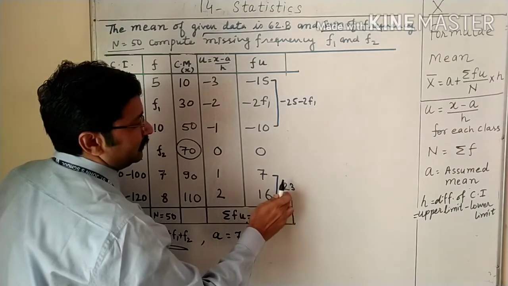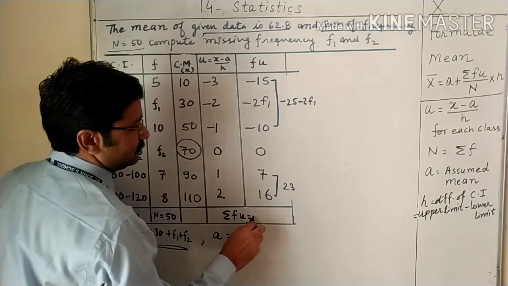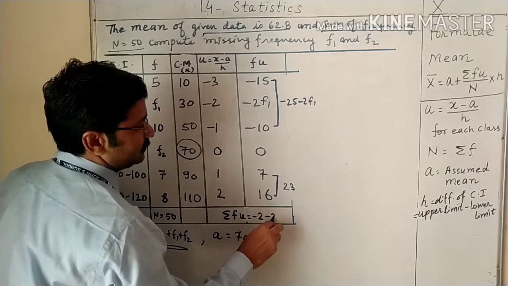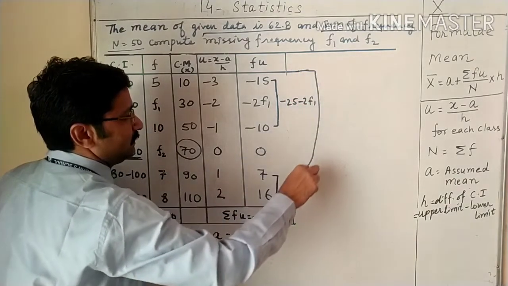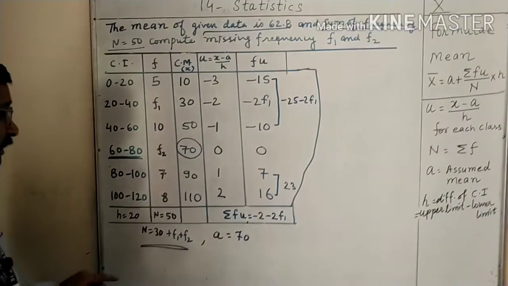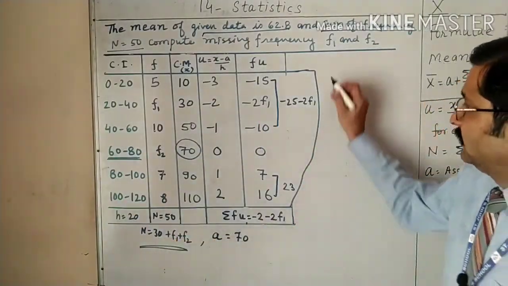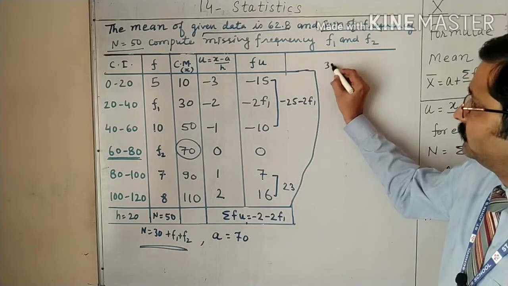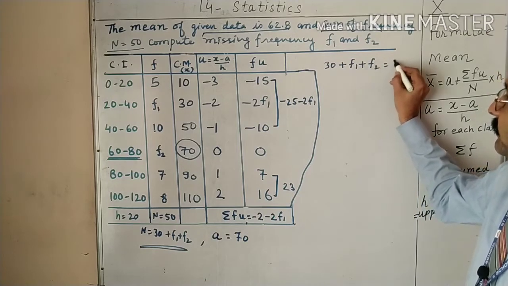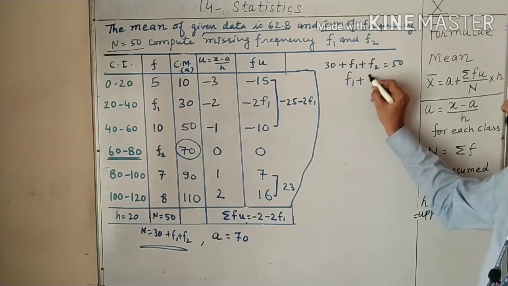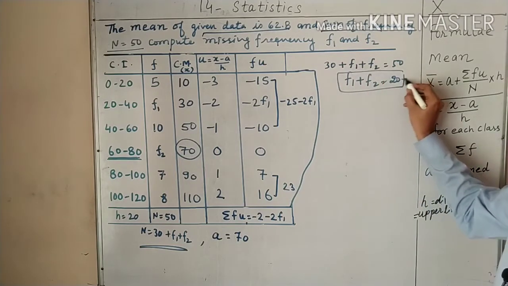So 23 and -25 add to give -2, so the total is -2 minus 2f1. Now one more thing, n is given, so 30 plus f1 plus f2 equals 50. So f1 plus f2 equals 50 minus 30, which is 20. This is equation number 1.